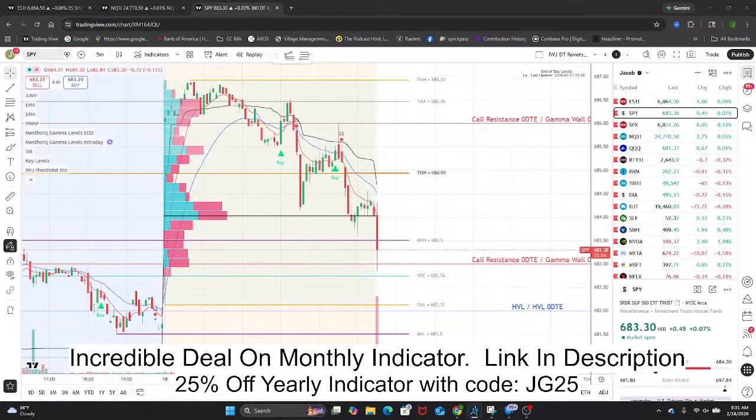My strike has moved down to 684 for now. Actually, we're going to keep it at 685 because I think by the time we do get a buy signal, they'll probably be up closer to that.